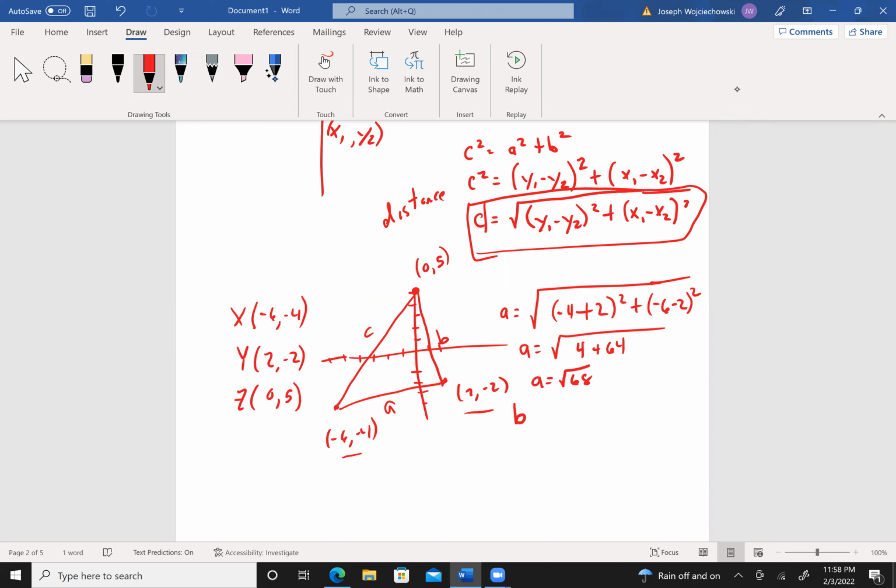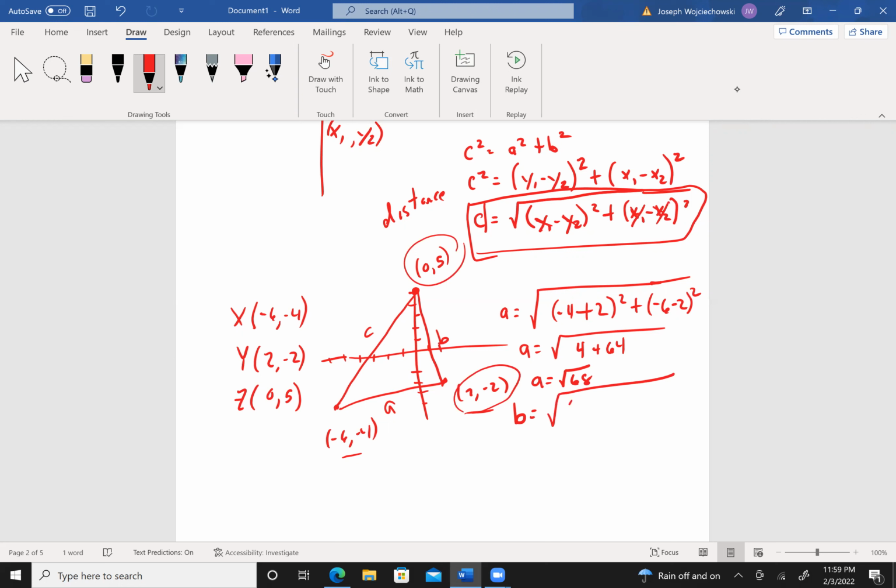Now let's look at b. It is actually supposed to be x1, x2, y1, y2, but it doesn't matter because we're adding. So here I am, this point here and this point here.